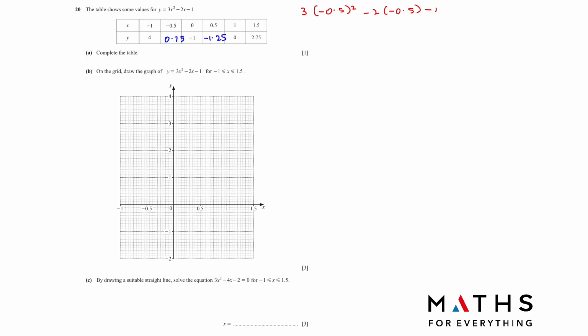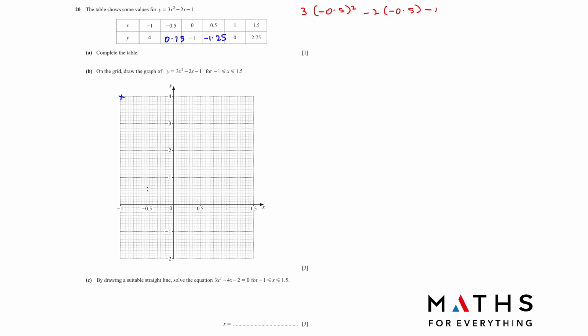When x is negative 1, y is 4. When x is negative 0.5, y is 0.75. Each line here is 1, I think. Yes. So this is 5, 6, 7.5.